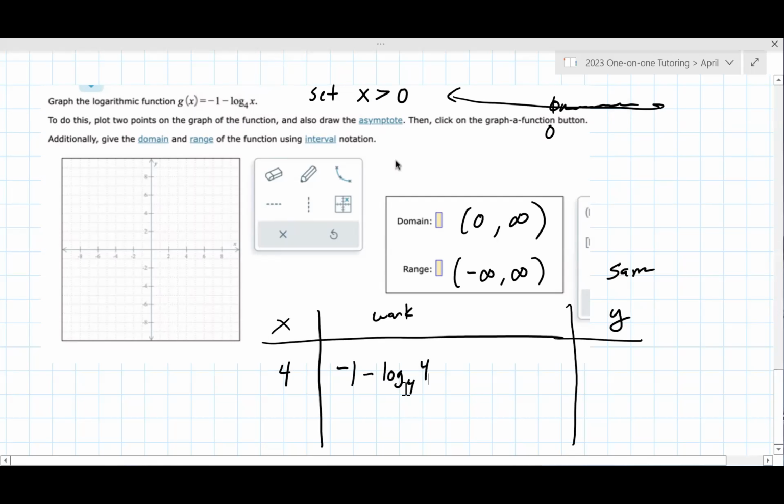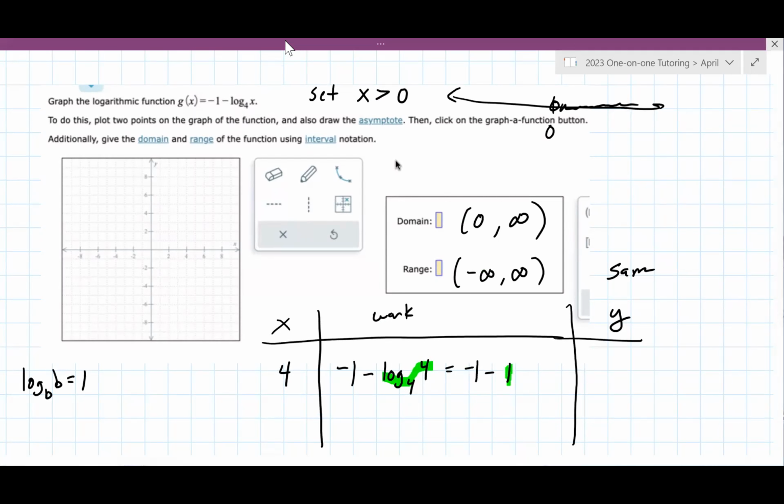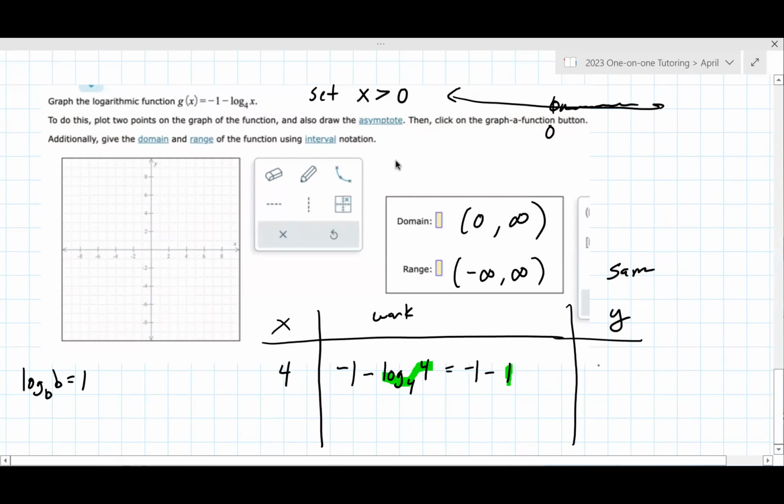Since the bases are the same, there's this property: log base b of b is 1. When they're the same, this part with the log becomes 1. So this equals -1 minus 1, so this becomes -2.